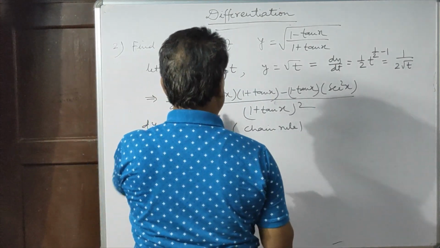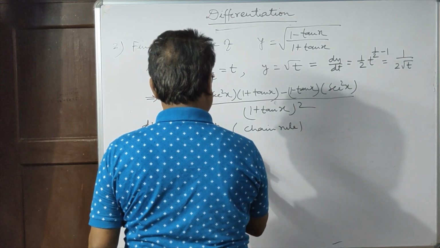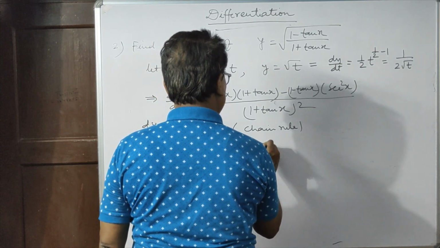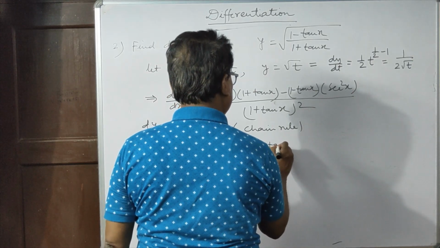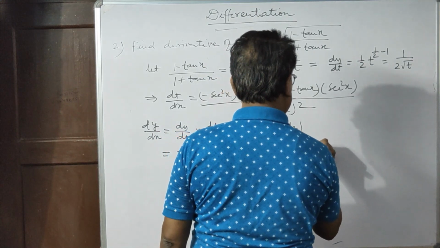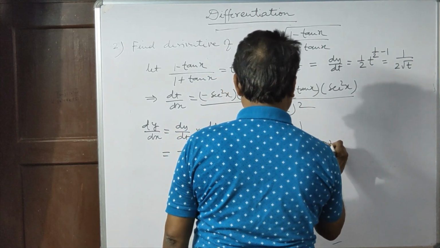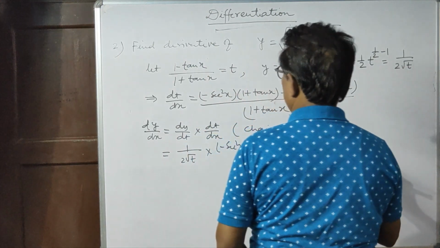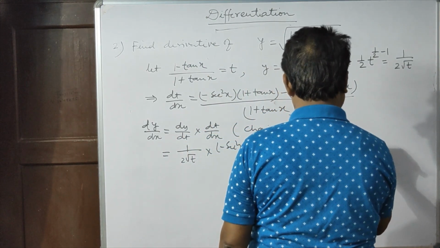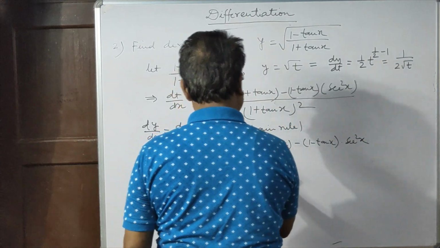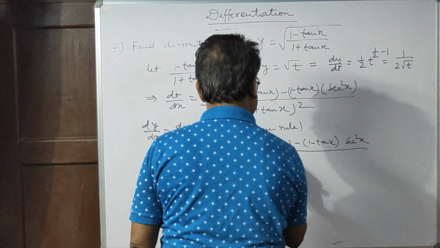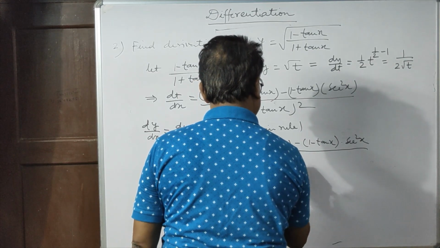dt by dx is this much: minus sec square x into 1 plus tan x minus 1 minus tan x into sec square x, divided by 1 plus tan x whole square.